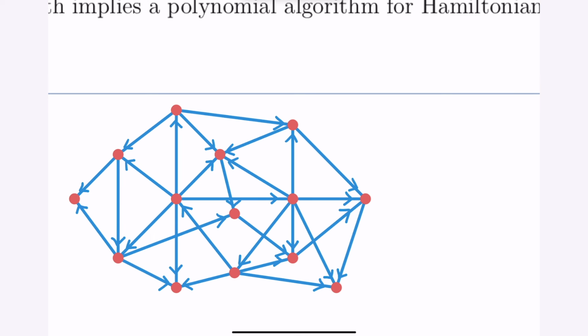You want to take a vertex like this one and duplicate it. So here would be two vertices, and are they going to have the exact same edges?